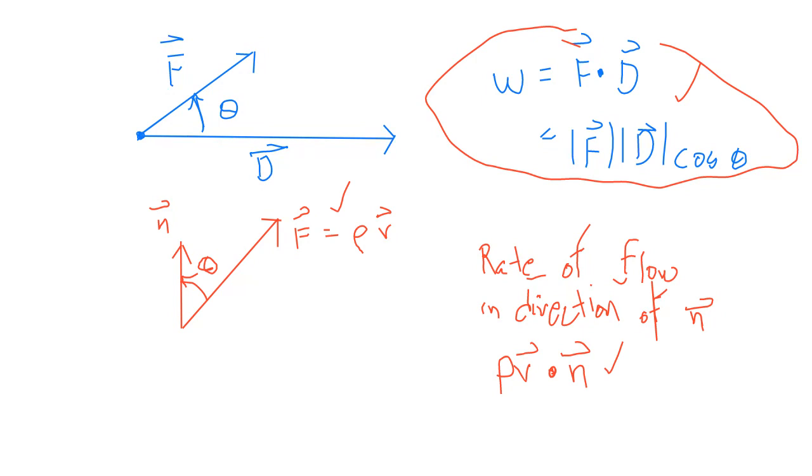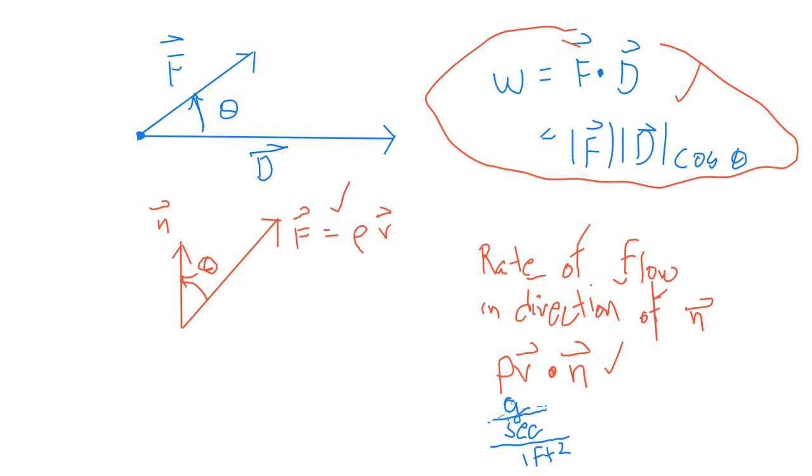Now, in terms of units, let's remember our units here. The density times the velocity vector, as you recall, was grams per second times 1 foot squared.